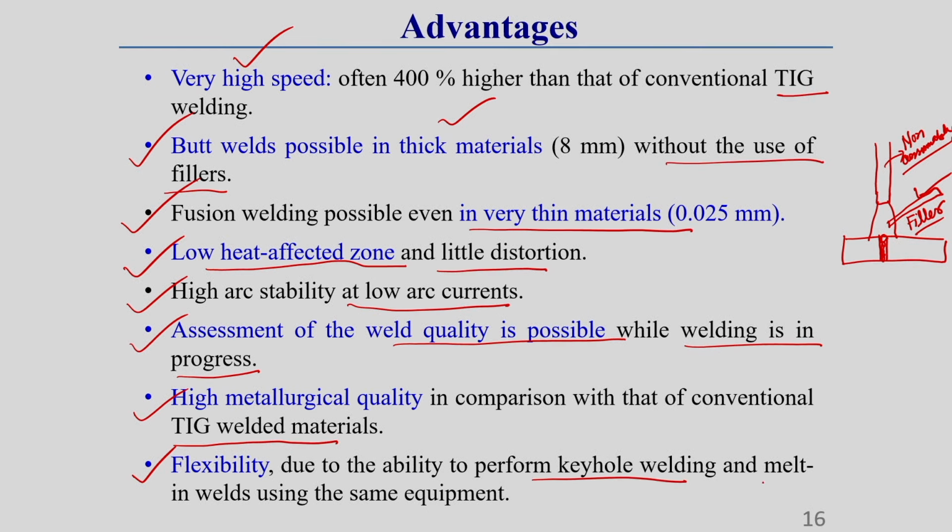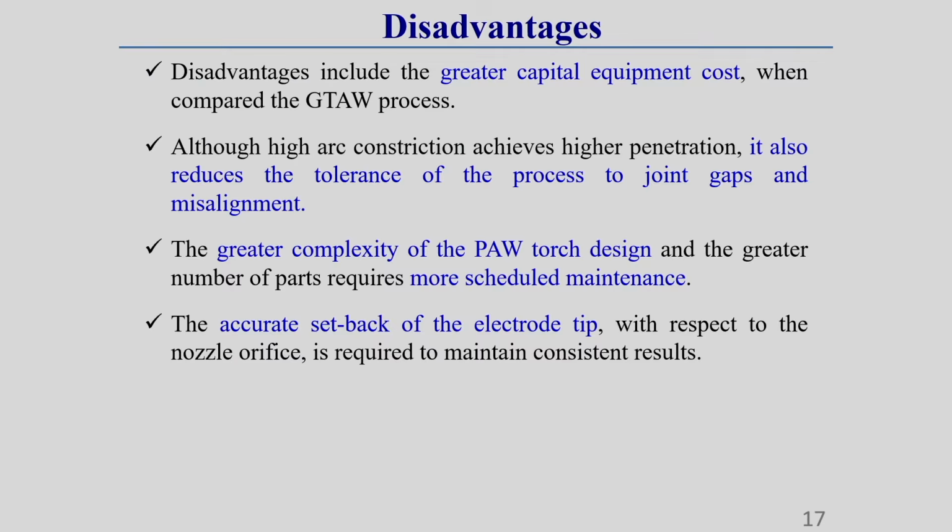Flexible welding process means we can use this welding process in different forms. You can use it in keyhole mode, in melt-in mode, in transfer mode, and in non-transfer mode. Disadvantages: definitely it has some disadvantages also. Generally the equipment cost is comparatively, you can say very much, higher than the conventional GTAW welding process.